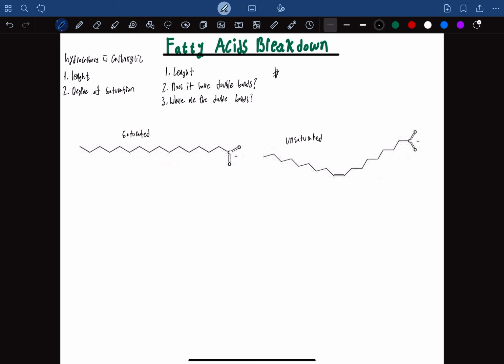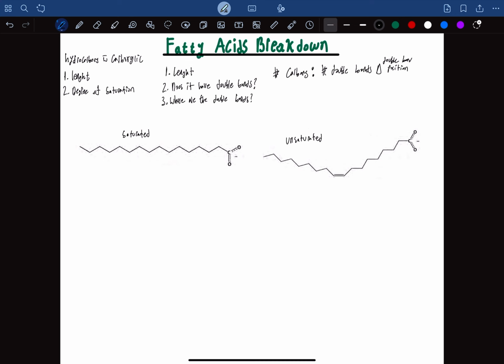First, the number of carbons. And then the number of double bonds. If it has none, you just put 0. Then you put a triangle, and up top you write the double bond position. Okay, so it doesn't seem too bad. Let's look at these 2 examples we have here.